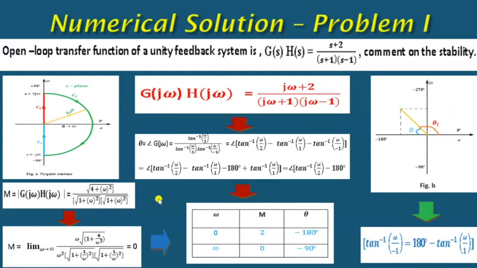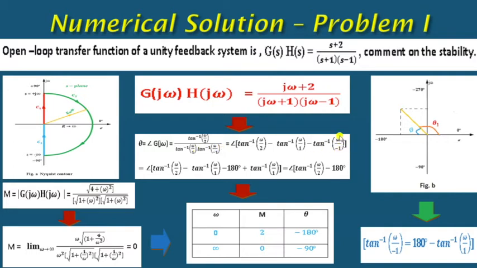Similarly, if any angle phi equals phi 1 by phi 2, then it can be written as phi 1 minus phi 2. So where two angles are multiplied, that means this angle plus this angle. And where these two are divided, this angle is this minus this angle minus this angle.